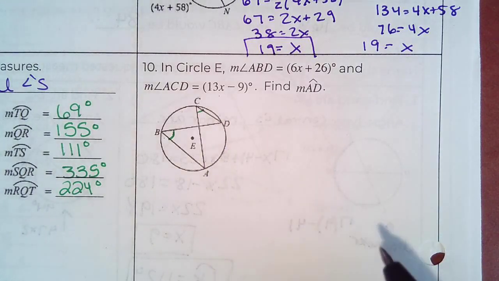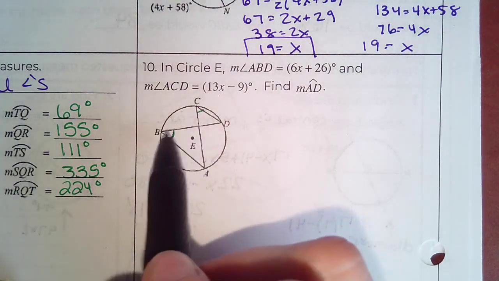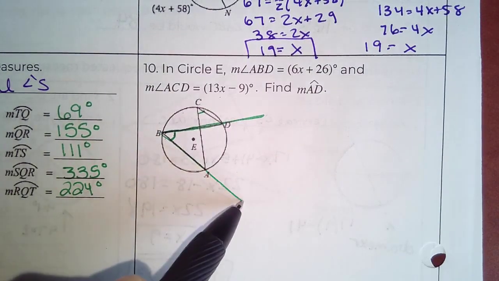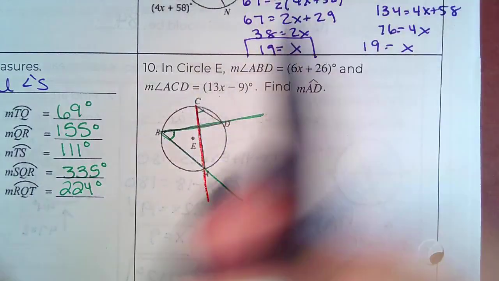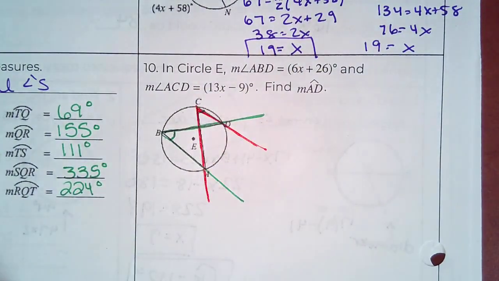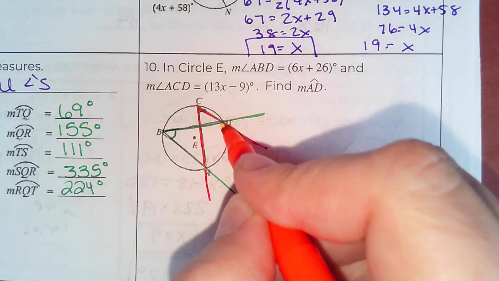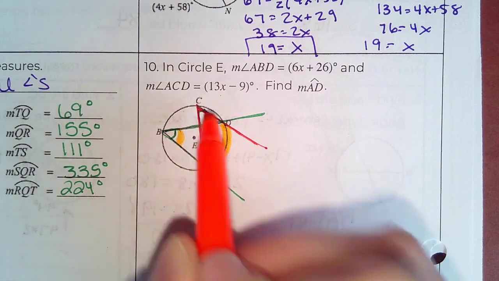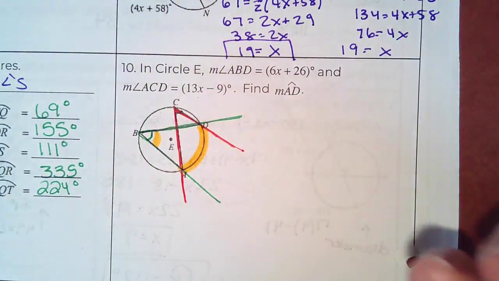One thing that we're seeing here is that angle B here is opening up to arc AD, and angle C here is also opening up to arc AD. So they overlap, and they have the exact same arc measurement, which means that those angles are the exact same measurement.